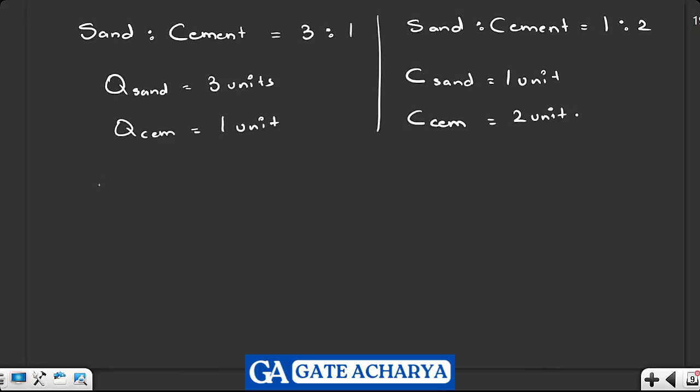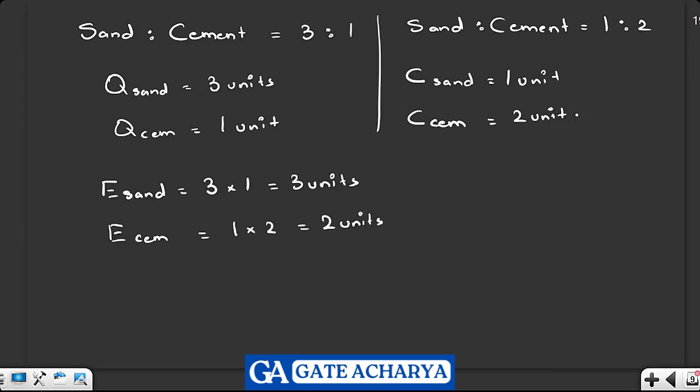So what is the expenditure on sand here? Expenditure on sand will be quantity 3 into cost 1, so 3 units will be the expenditure. Expenditure on cement will be 1 into 2, that is 2 units. Now, total expenditure will be 3 plus 2, that is 5 units.